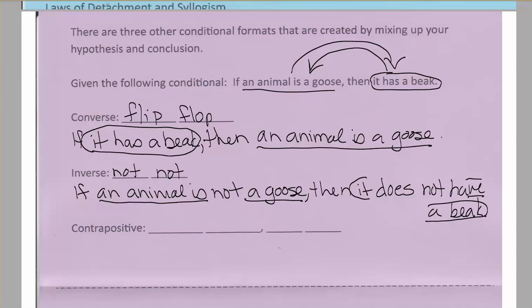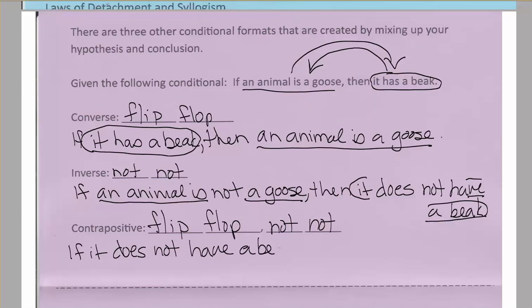Contrapositive is both of them together. It's kind of like taking the converse of the inverse. It's flip-flop, not. So we just took the inverse. So we want to flip-flop this inverse. So we're still going to start with if, but instead of this underlined stuff, we're going to do the circle stuff there. So if it does not have a beak, then an animal is not a goose.